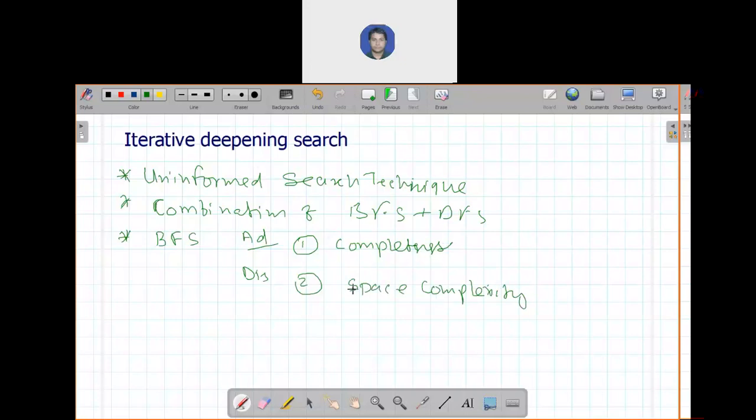And for DFS, let's see what the advantage is. The advantage of DFS is space complexity. It uses less memory.